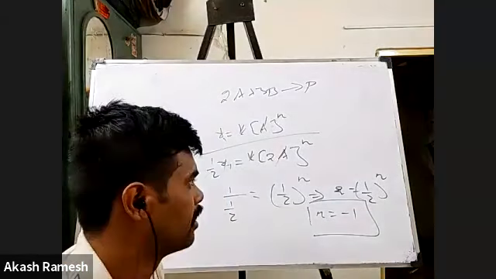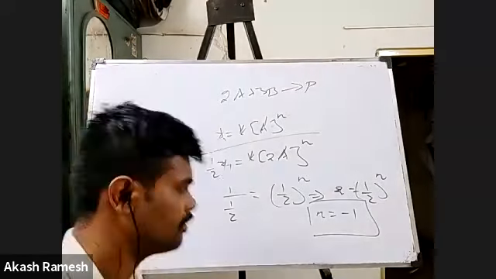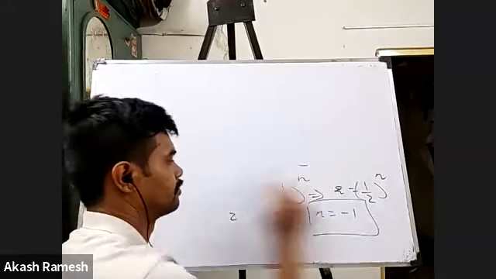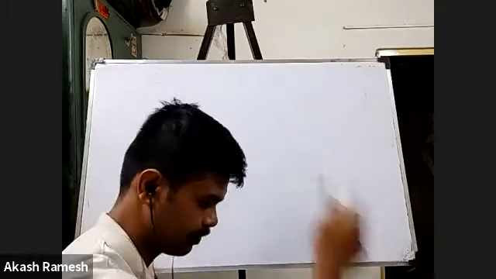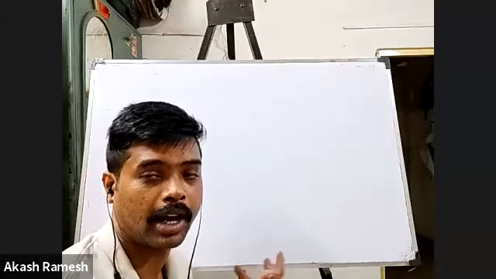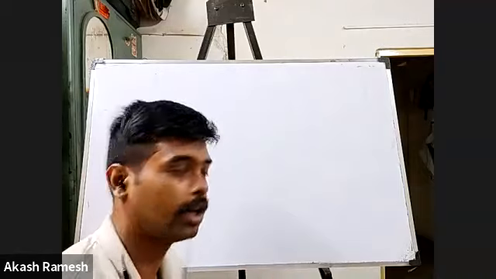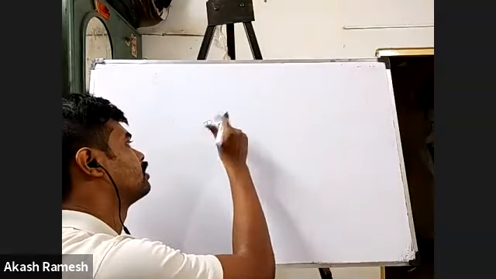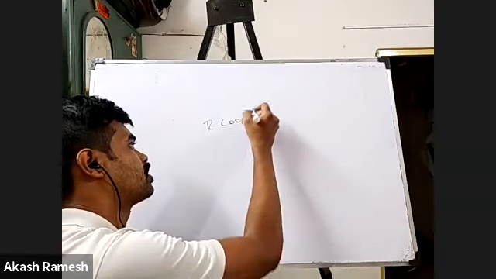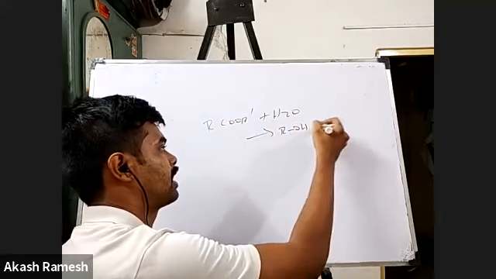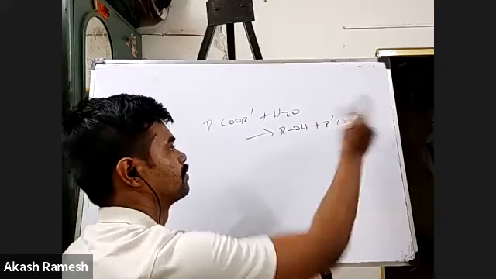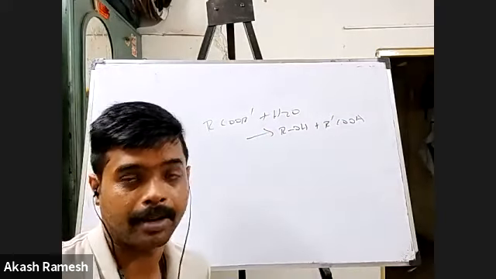Say, for example, let me put it like this. When I go to my hydrolysis of ester, I know ester on hydrolysis will give me acid and alcohol, right? So if I have R COO R dash plus H2O giving ROH plus R dash COOH, something like this, I have this reaction, right?